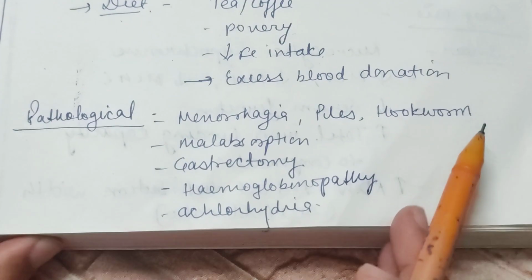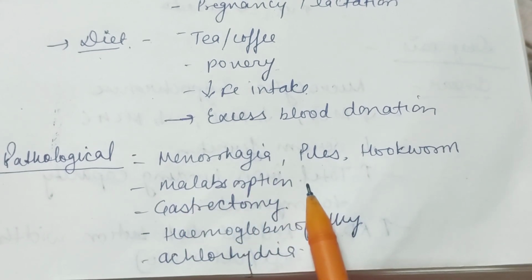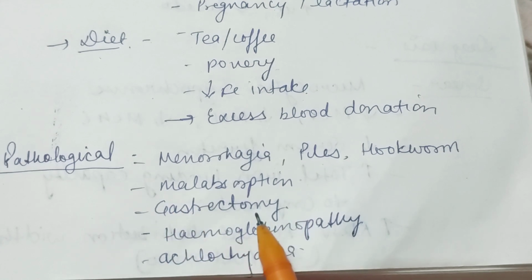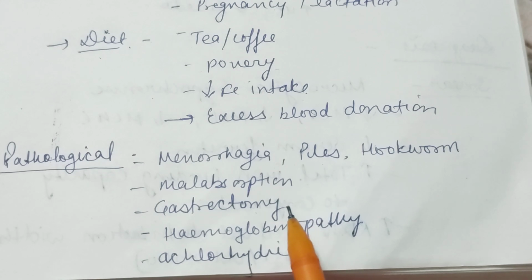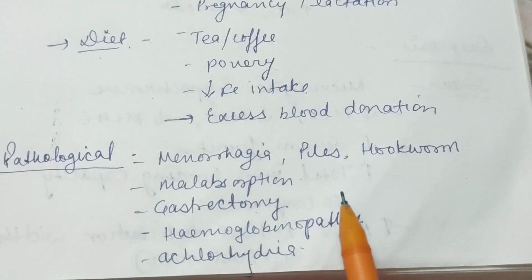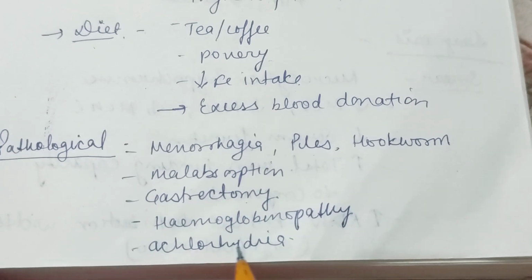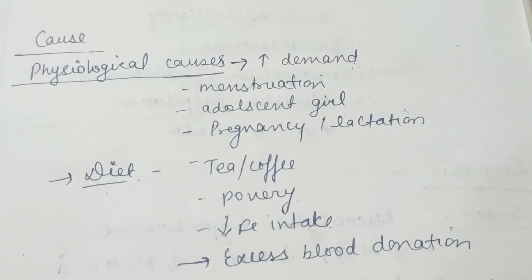Whereas pathological causes are like menorrhagia, piles, hookworm infestation, malabsorption syndrome, where iron is not absorbing properly, gastrectomy, where intrinsic factor is not there, and the stomach is not there, and HCl is needed for conversion of ferric to ferrous. So we are taking iron in ferric form, and iron is absorbed in ferrous form, so HCl is playing that role. And various hemoglobinopathies are there, and absence of HCl. Okay, so these are some conditions where iron deficiency anemia can occur.